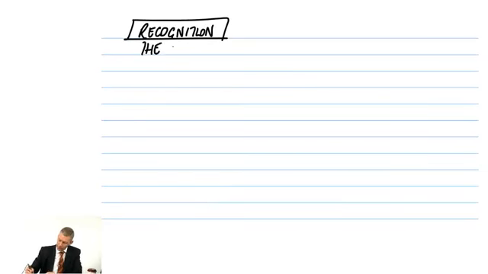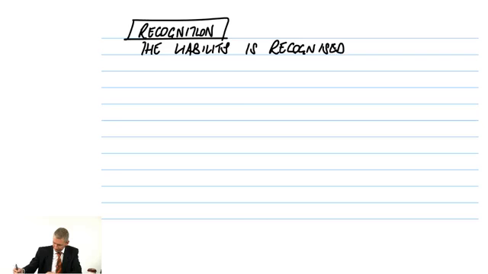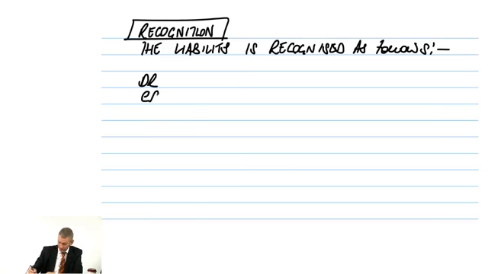The liability is recognized as follows. So we're going to debit something and credit something else. Of course, we're going to credit the creditor in order to create the provision of 18. But I wonder what we debit. The answer is rather cute.